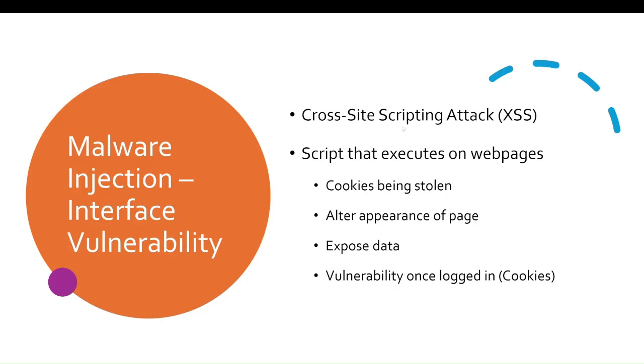A cross-site scripting attack is also known as XSS, and that's what I'm going to be talking about in more detail. It is a script that is disguised in a web page link, and it could do things like stealing cookies, altering appearance of pages, exposing data, and also creating vulnerability.